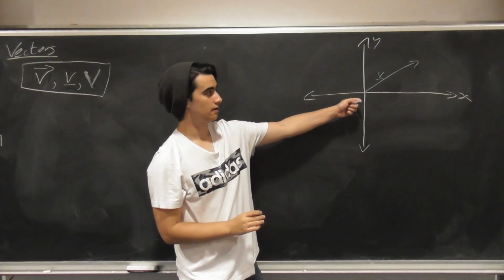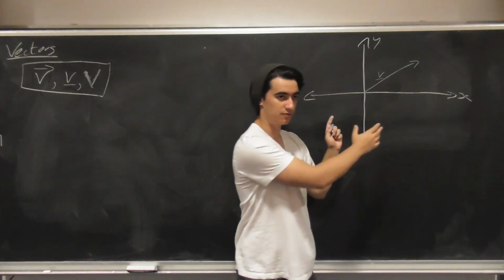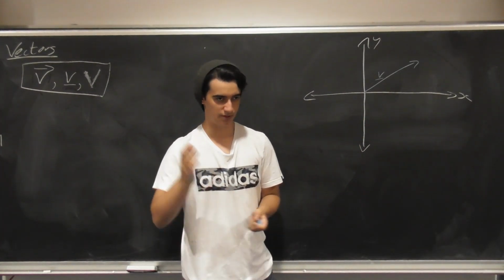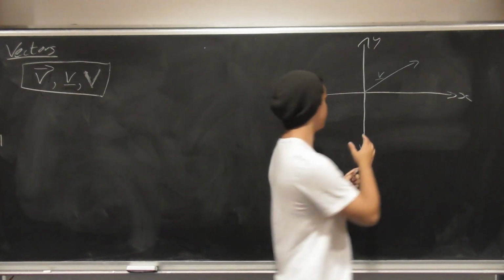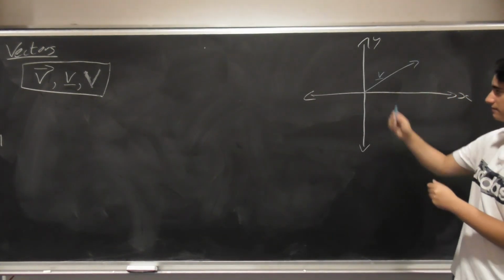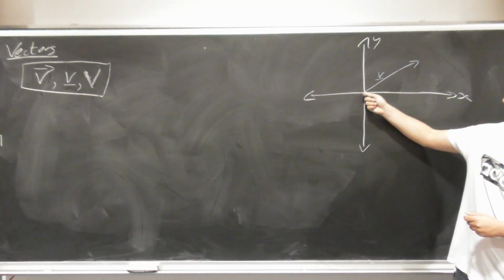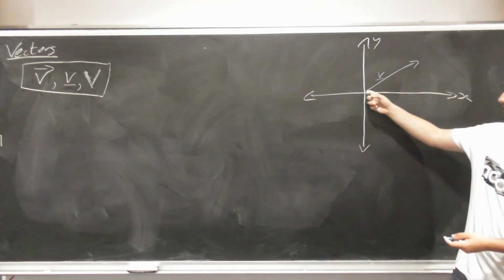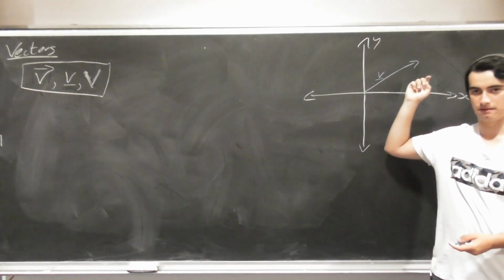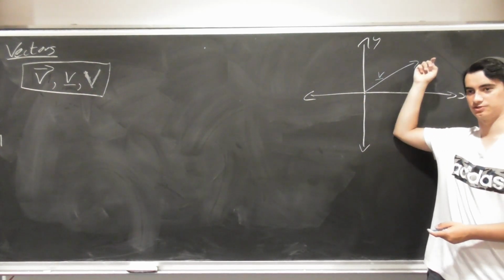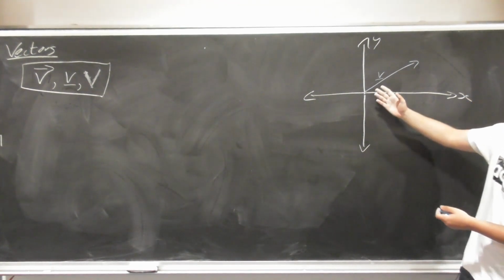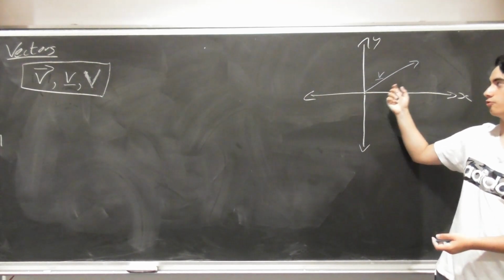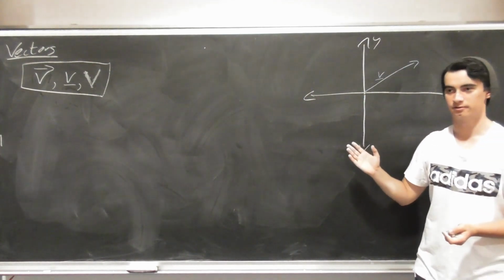Now we have this vector coming from the origin because that usually makes things tidier, but when you think about it, we don't really have to. If this vector means that an object, let's say it's a velocity, is moving in this direction, say 5 meters per second northeast or whatever it is, it doesn't really matter.